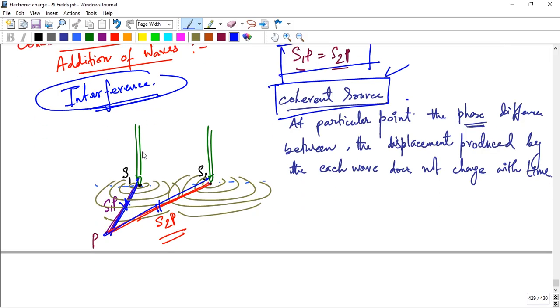S1 produces a wave Y1 and S2 produces a wave Y2.